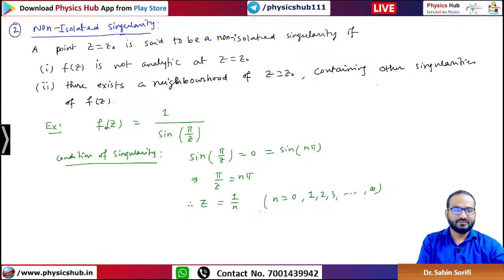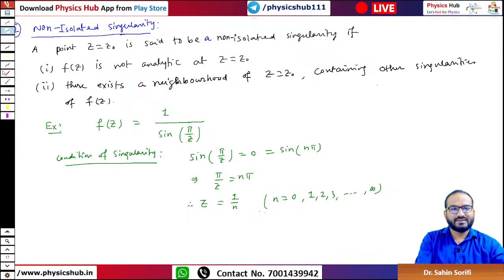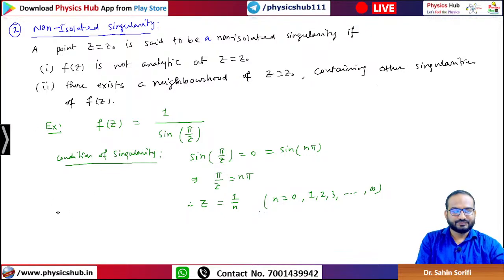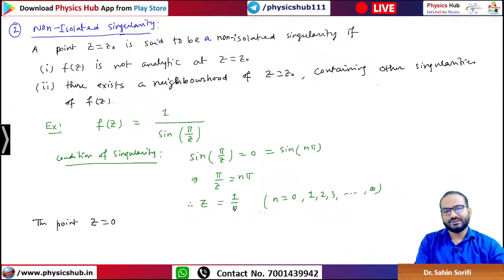So if I say that the point z equals to 0, by taking n equals to infinity, z equals to 0 you get, so sin 0, that makes f of z not analytic.